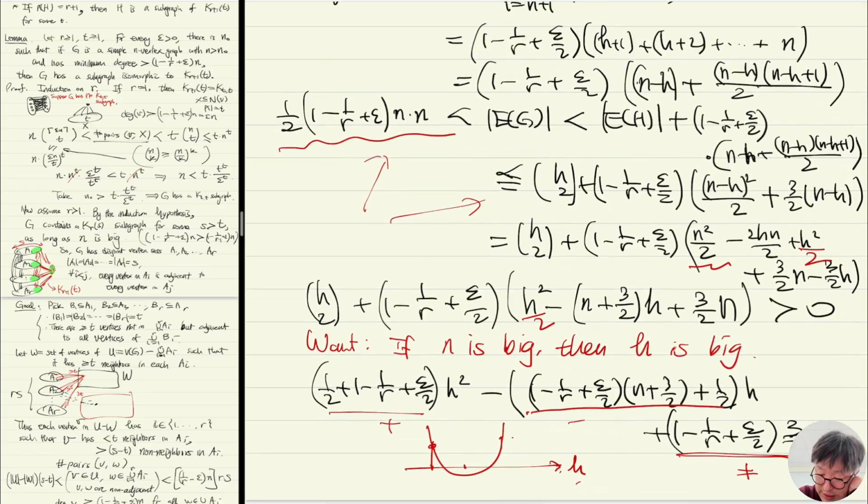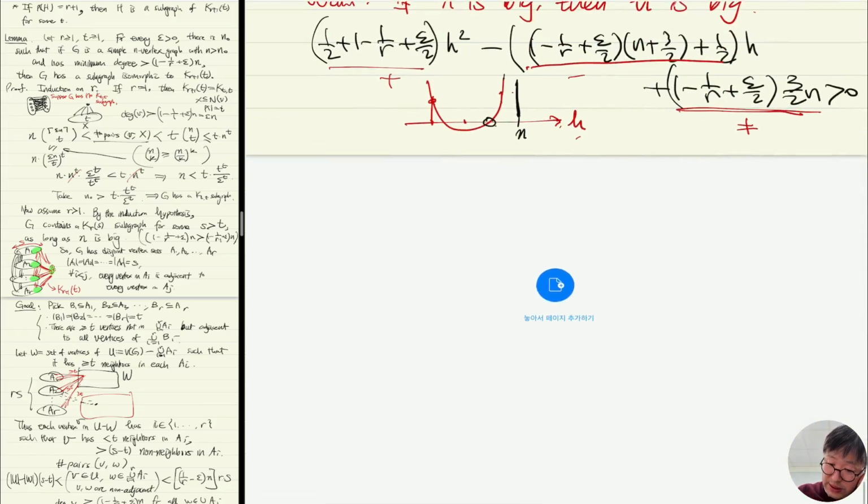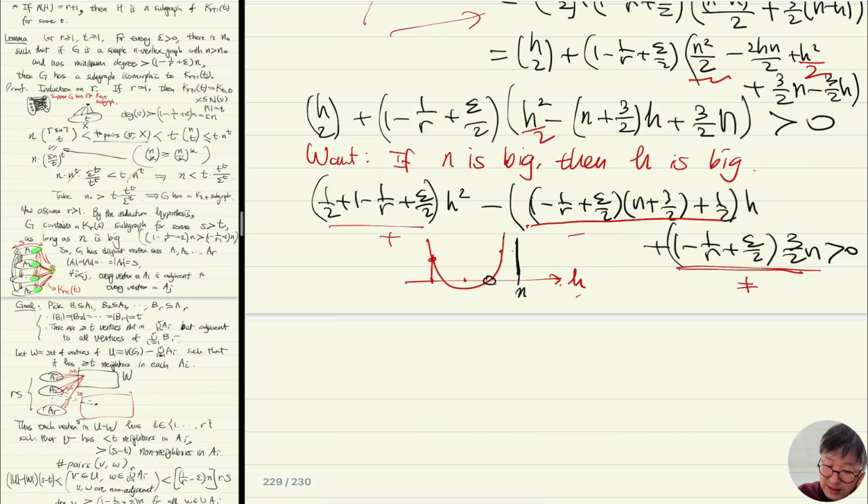I claim that initially when h is n, it should be somewhere here. As soon as the inequality is violated, it will be stuck. So that means h will be big, right? H will be bigger than, what is it?